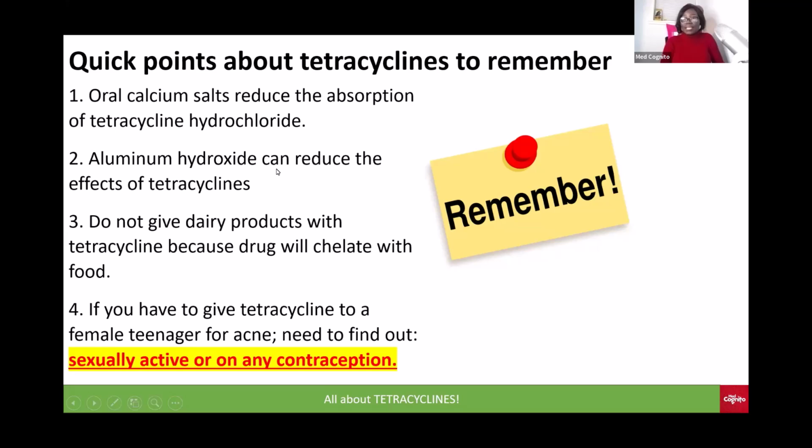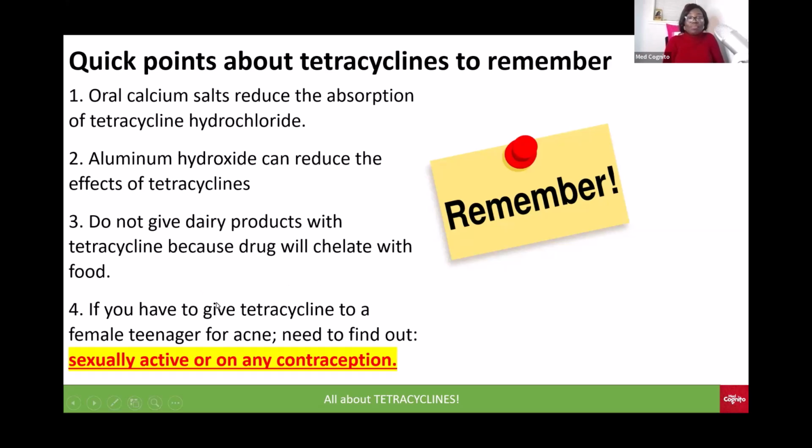Aluminium hydroxide found in antacids will also reduce the effect of tetracycline. It will bind to the tetracycline and prevent it from working effectively. And as we also said, we are not going to give it with dairy products because it will bind to tetracycline and prevent it from working.